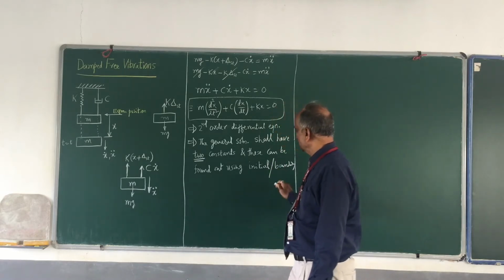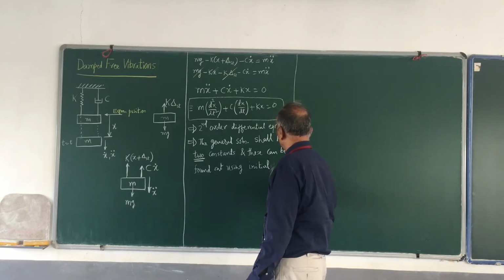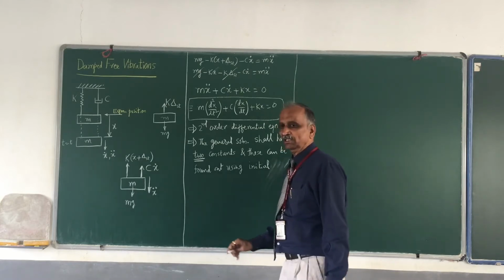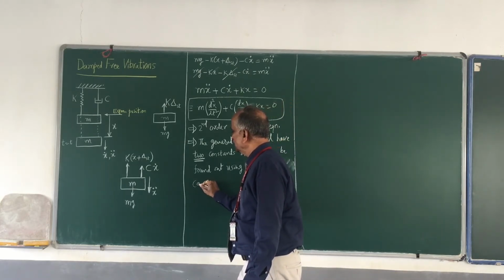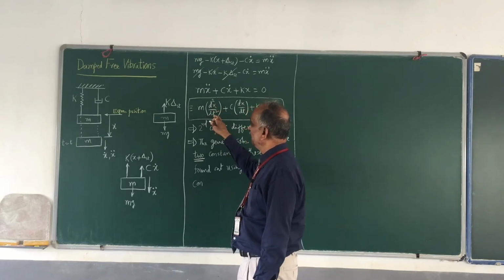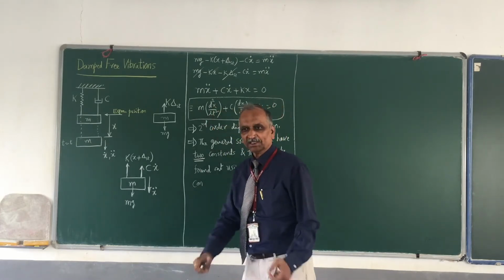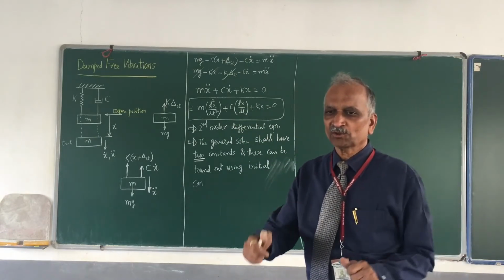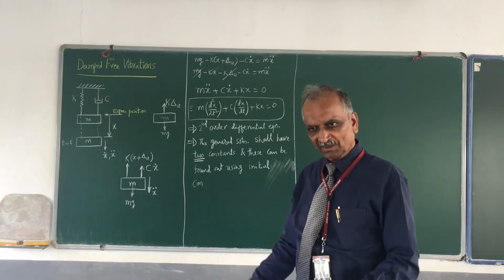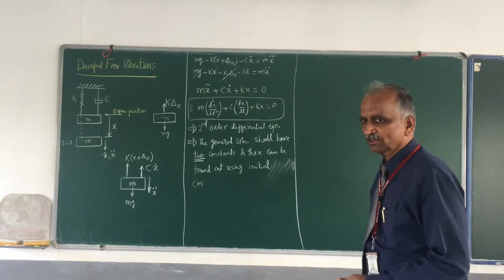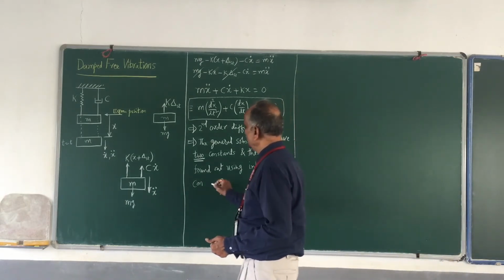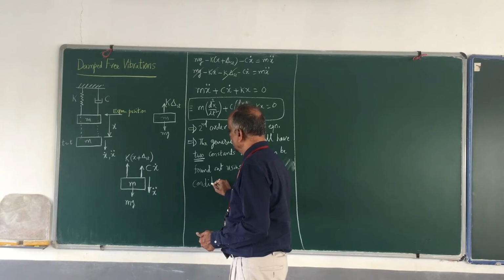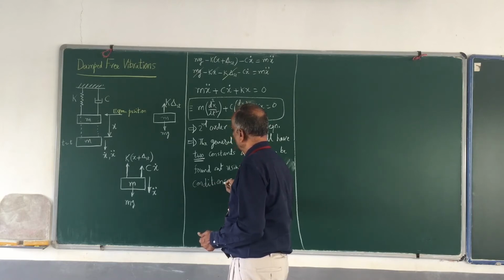Initial means with respect to time; t means time here, and time is varying. So what are the initial conditions? When t is equal to 0, how is the system? They are called initial conditions. So using initial conditions, those constants can be found out.